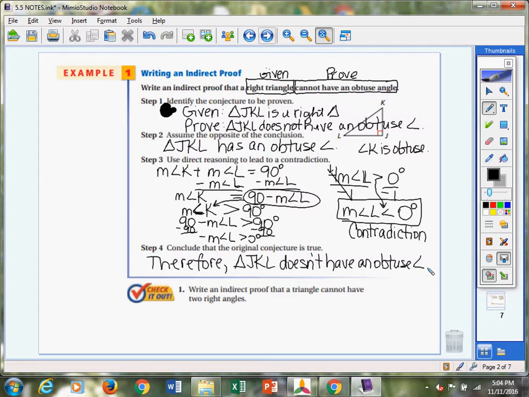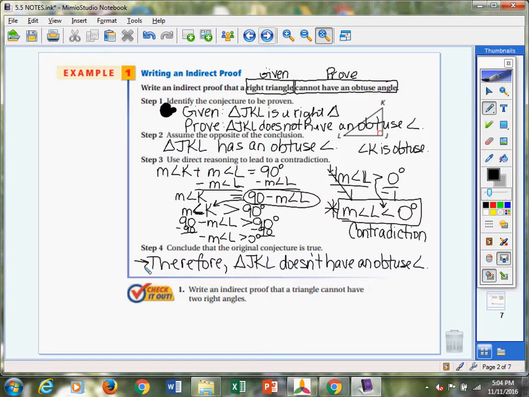Once you find that contradiction, you can make this conclusion in step 4 about that triangle. Now, if it did have an obtuse angle, you wouldn't see a contradiction. It would work out, and there would be no contradiction.